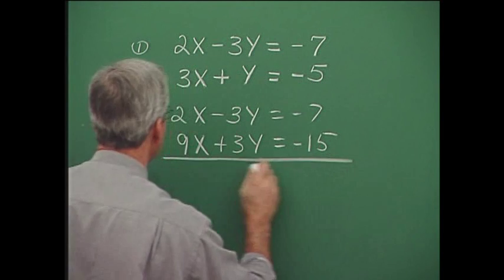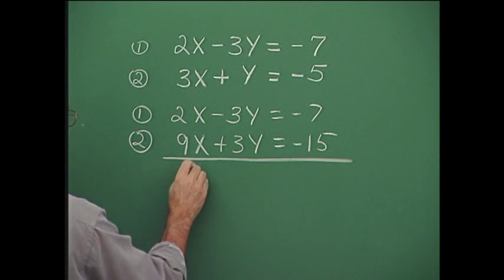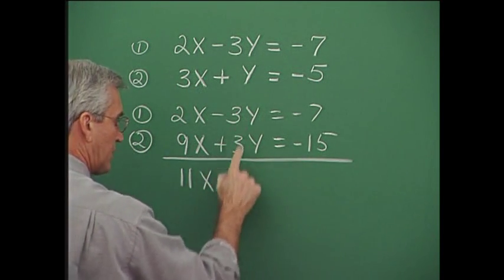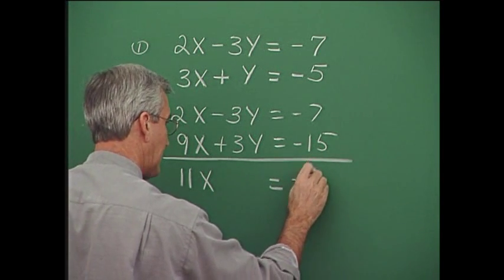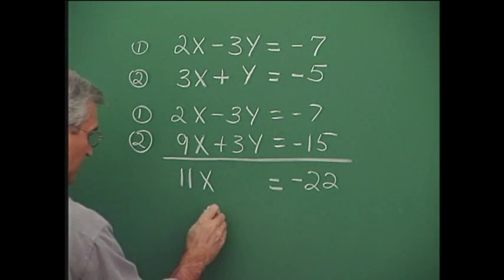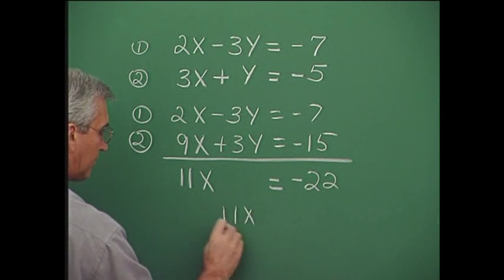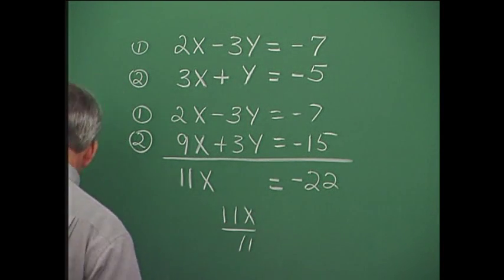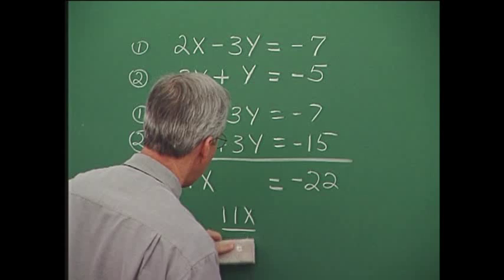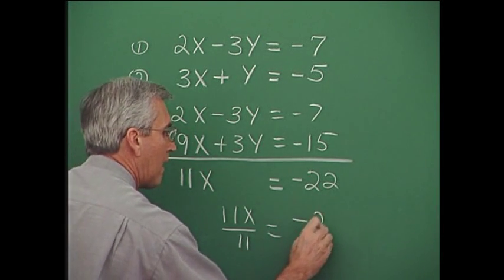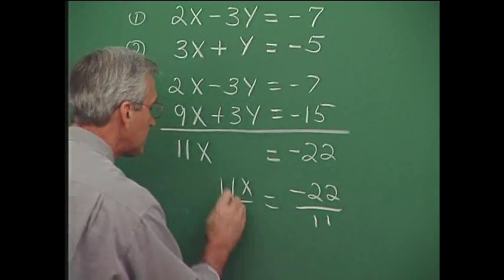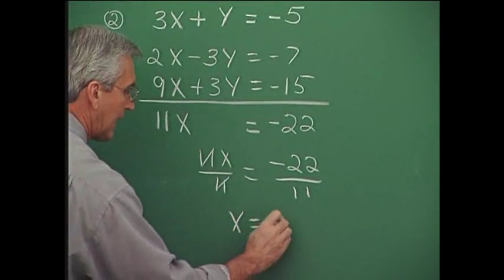Adding the two equations, 2x and 9x, 11x. The y terms go out as expected. On the right, negative 7 with negative 15, negative 22. Dividing on both sides by 11, we find x to be negative 2.